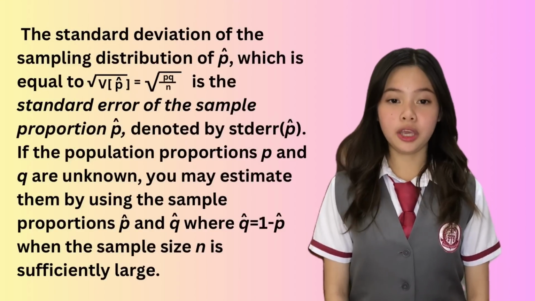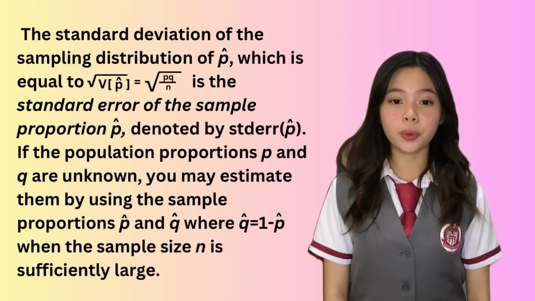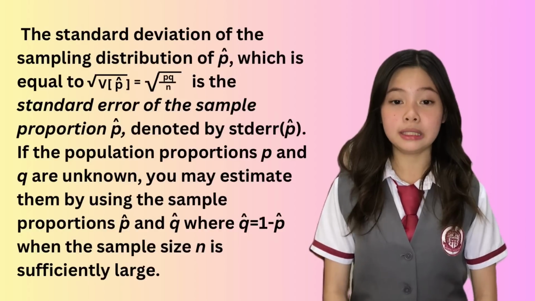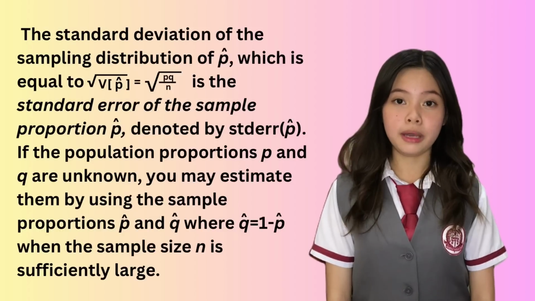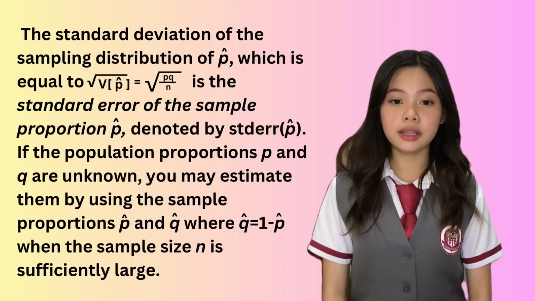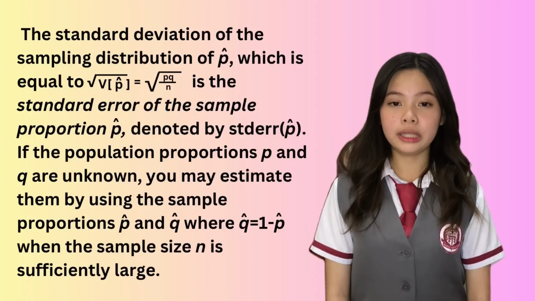The standard deviation of the sampling distribution of p̂, which is equal to the square root of pq over n, is the standard error of the sample proportion p̂, denoted by the point estimate.